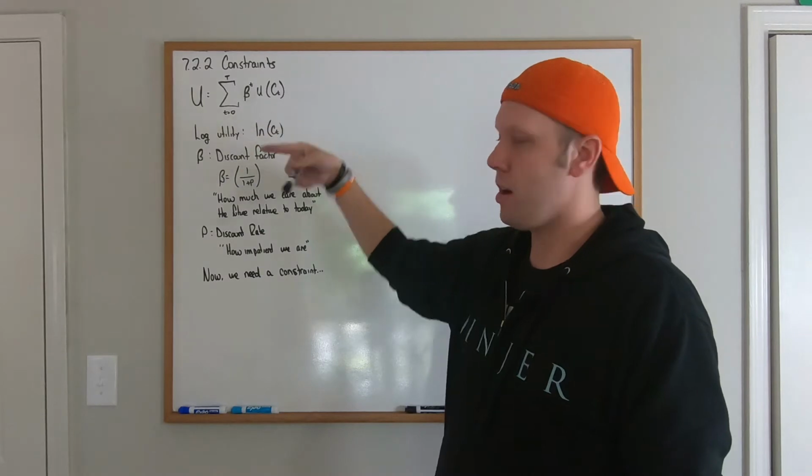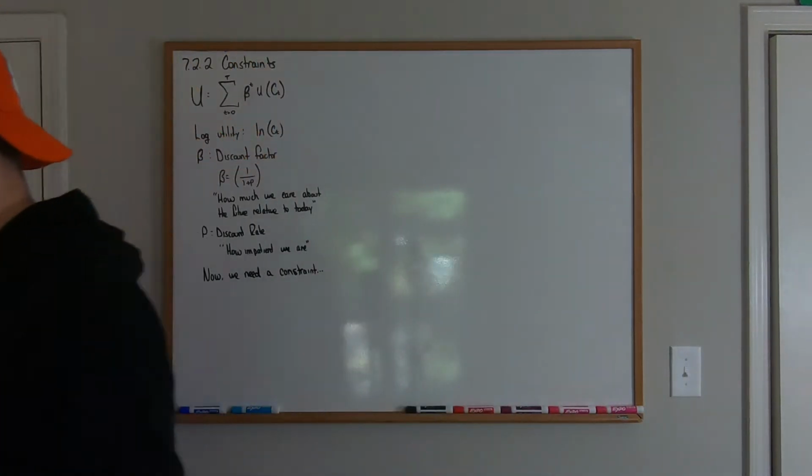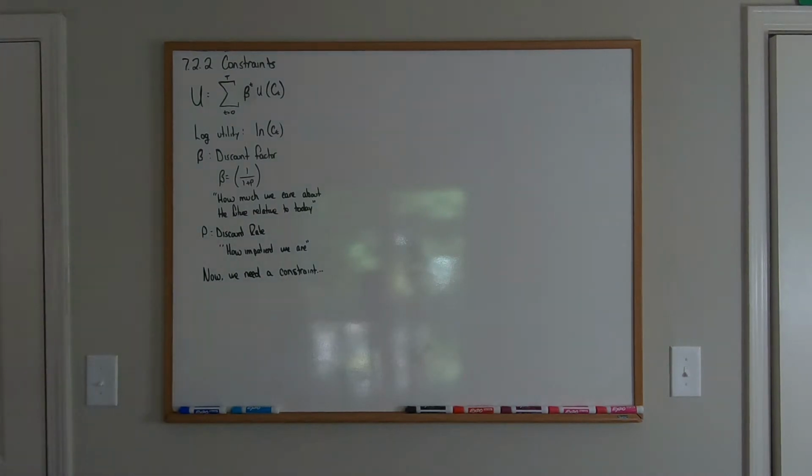But we're talking about optimization. We're talking about maximizing utility over the agent's lifetime subject to a budget constraint. How are we going to do that if the natural log of x has no maximum? It just keeps increasing. It's increasing everywhere.